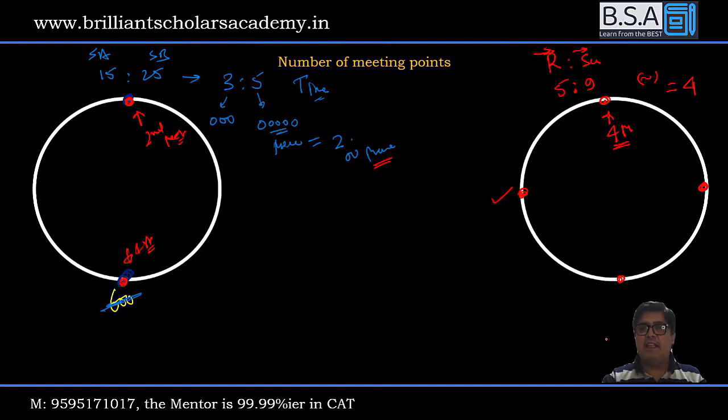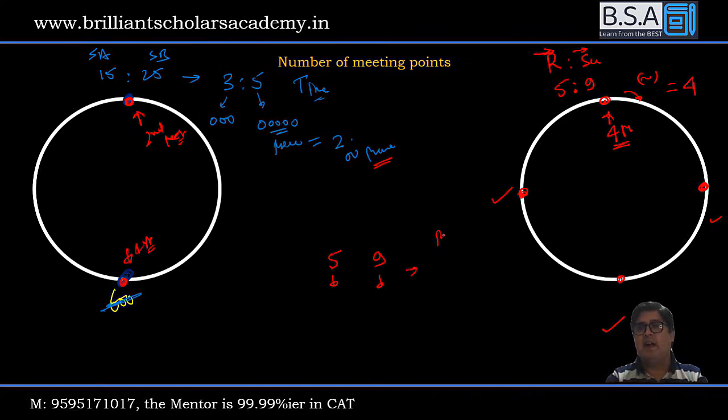Now, out of these, which is first, which is second, which is third, depends upon the direction of travel of these guys. If I say they are going right side, listen to my language. How can I find out which point it is? Here in theory, this person completes 5 circles. This person completes 9 circles.